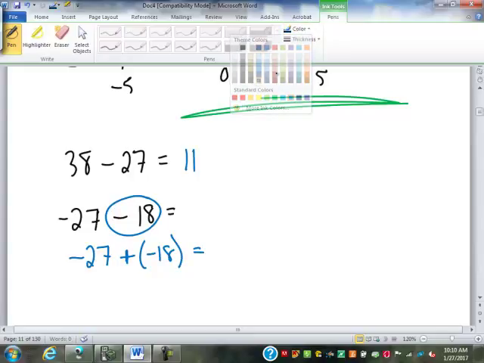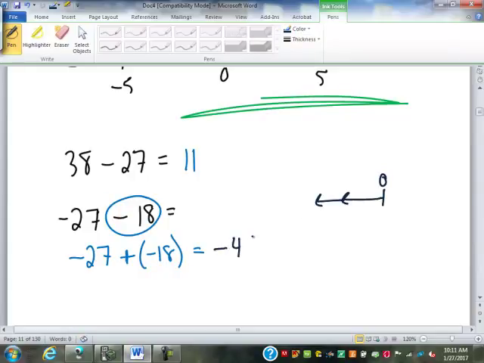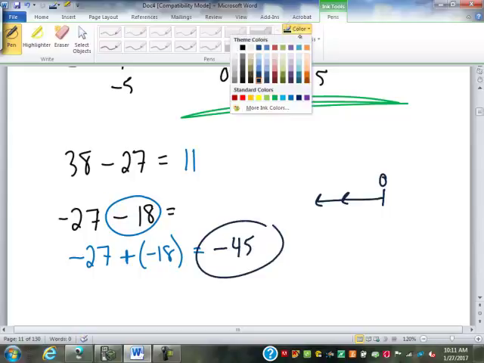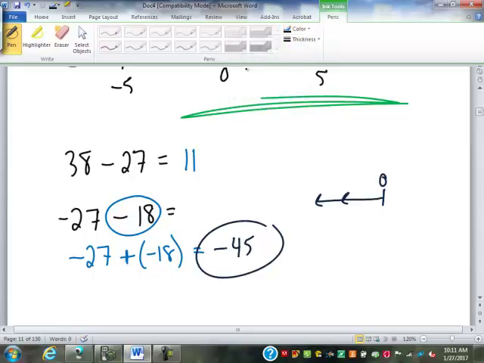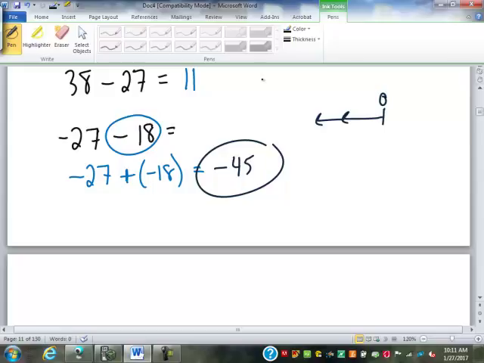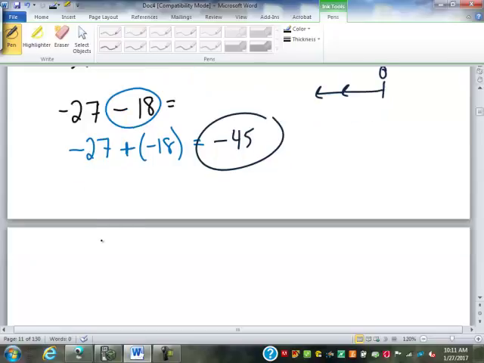So now looking at my picture, here's 0, negative 27, negative 18. That's going to be a negative 45. Or, here's the tricky one, 32 minus a negative 23.